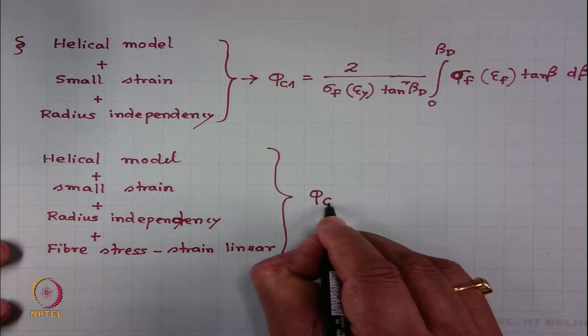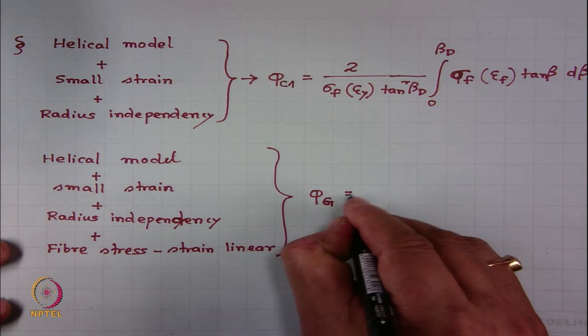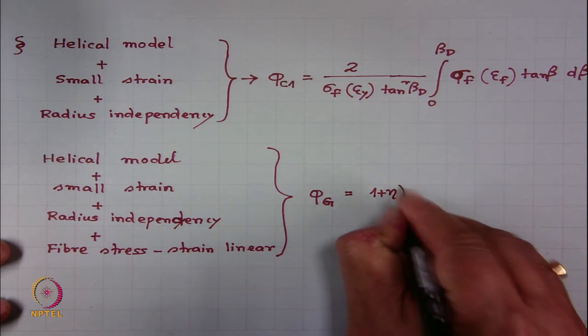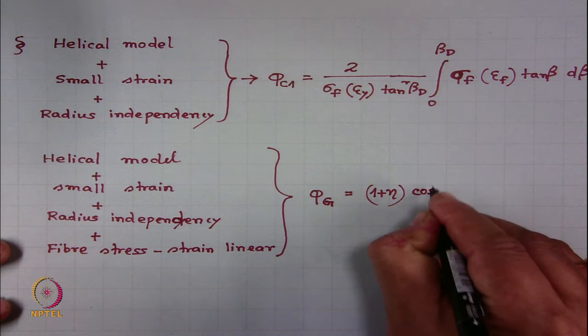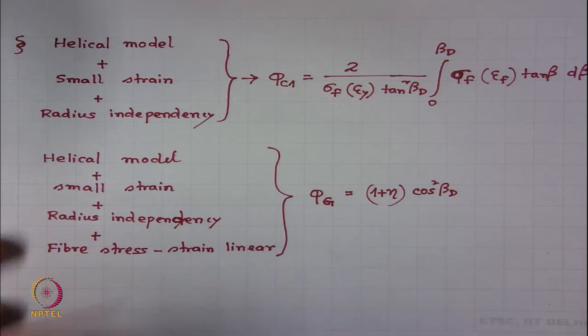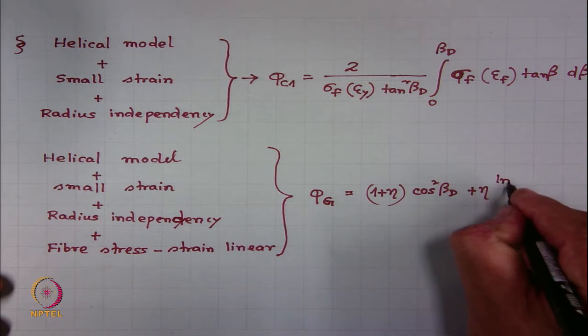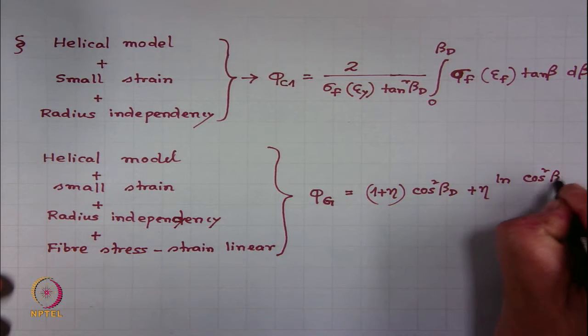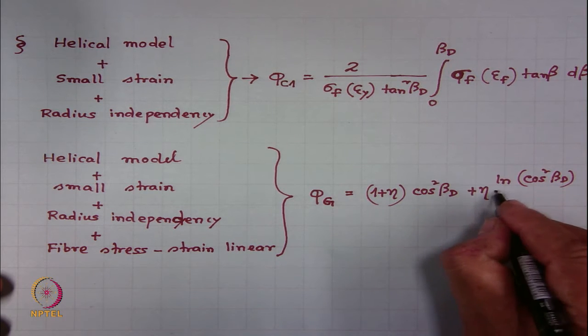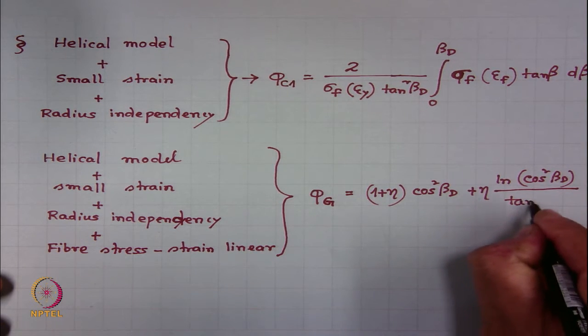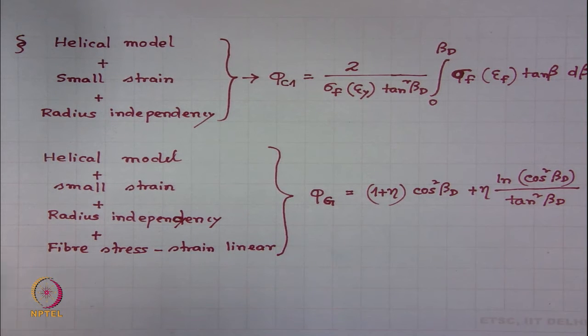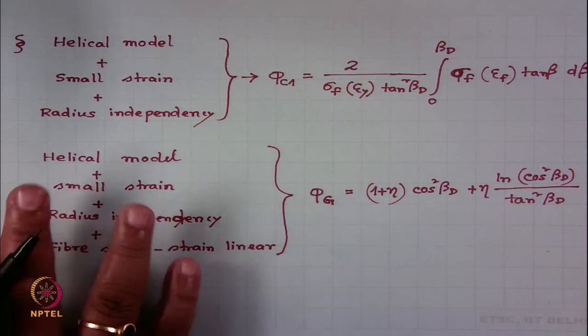So, we use the subscript g: 1 plus eta cos square beta d plus eta logarithmic of cos square beta d by tan square beta d. So, this equation is the result of this concept.